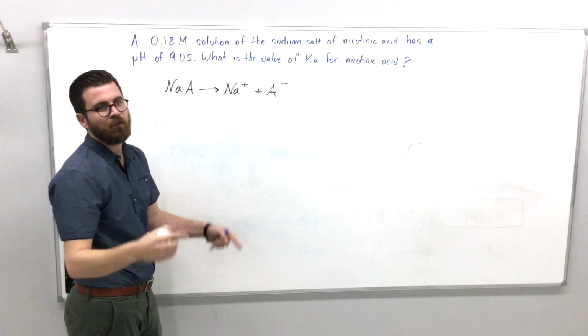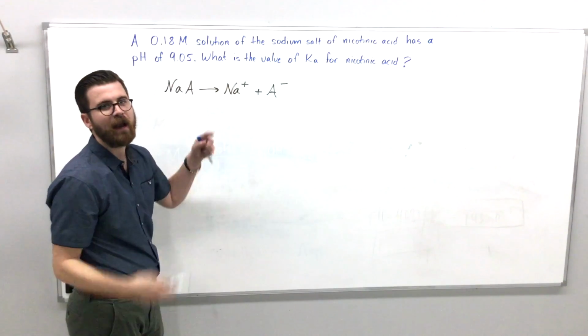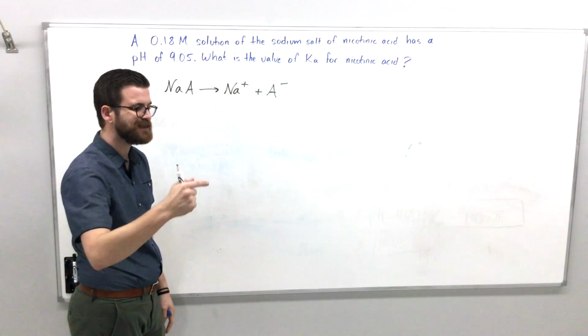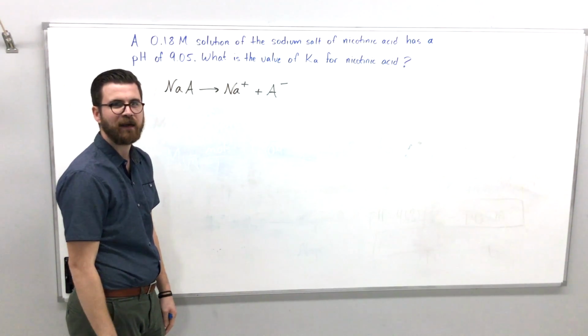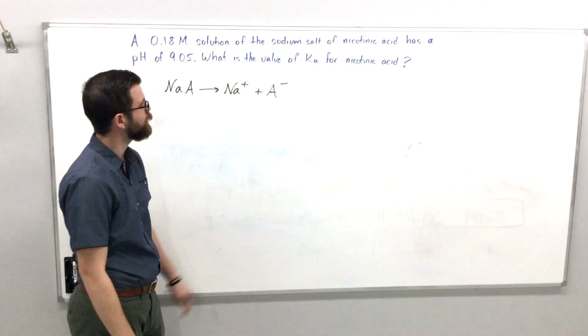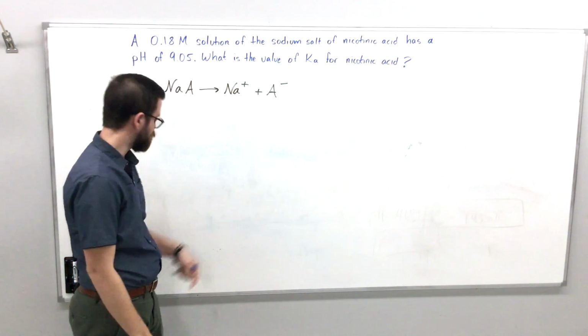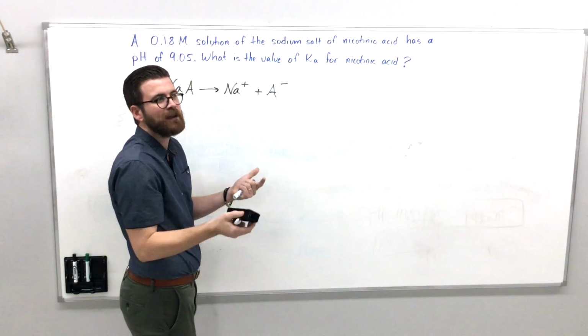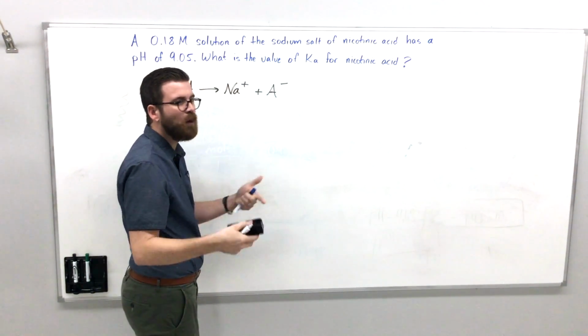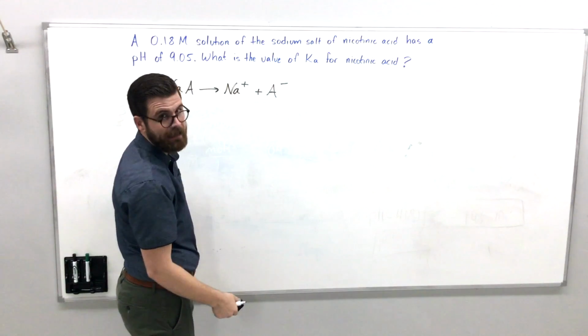Obviously this guy will not have any interactions with water because its conjugate would be sodium hydroxide, and we know that's not going to happen. So it's really this guy in question. It's your conjugate base that's going to be the reason why this solution is basic anyway.